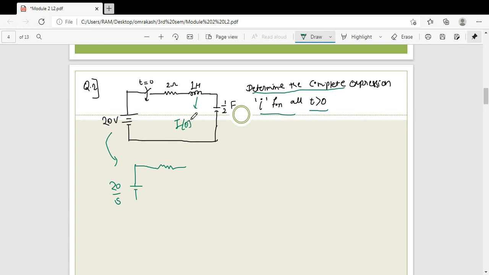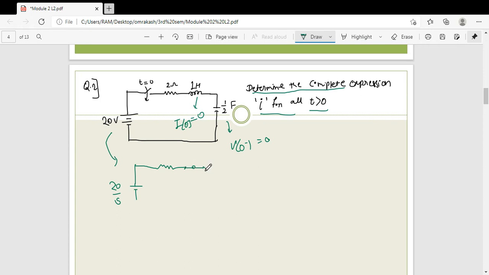I naught is 0 because no current flows, and V naught is also 0, right? So I naught is 0 means the voltage source is short circuited, right? So that's why there is no voltage source with this inductor.